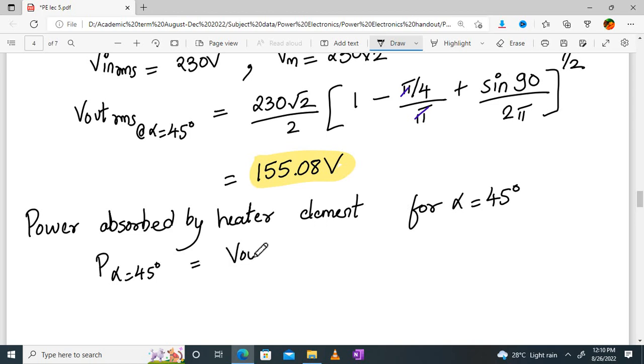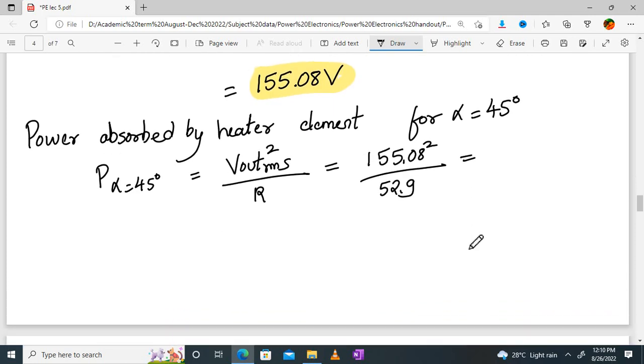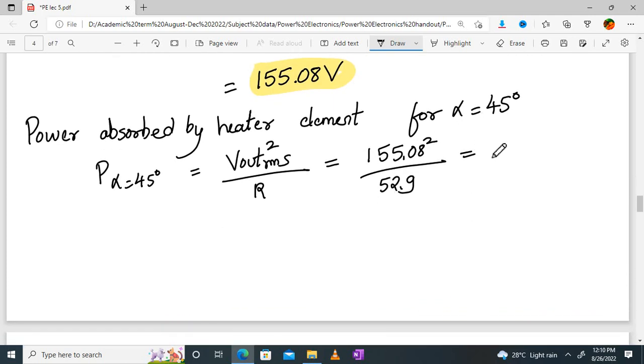V out RMS square divided by R. So that will be 155 squared. R is how much? 52.9. Calculate the power absorbed by the heater element. 450 watts, right?